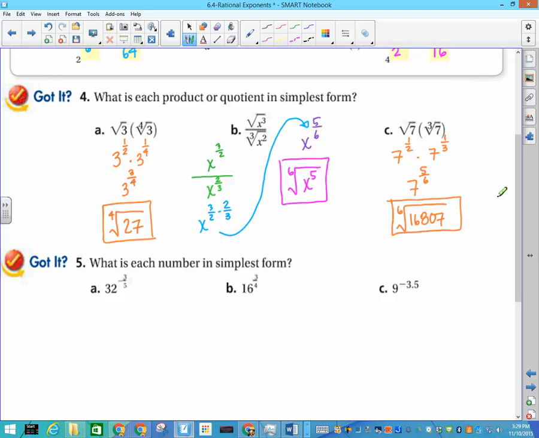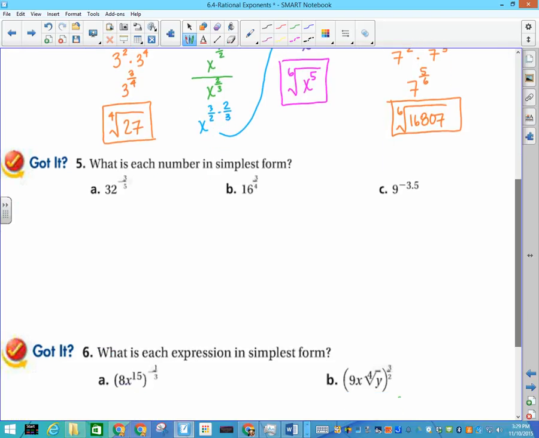Okay, so now we have some that we're going to put in simplest form, but we're starting off with a rational exponent. When you're doing these, we have 32 to the negative 3/5. This is the one where I'm actually going to put the power on the outside because I want to simplify it first. I'm sorry, that's not the right number that goes there. Y'all weren't here to stop me. The 3 on top goes. And what does that negative do to it?